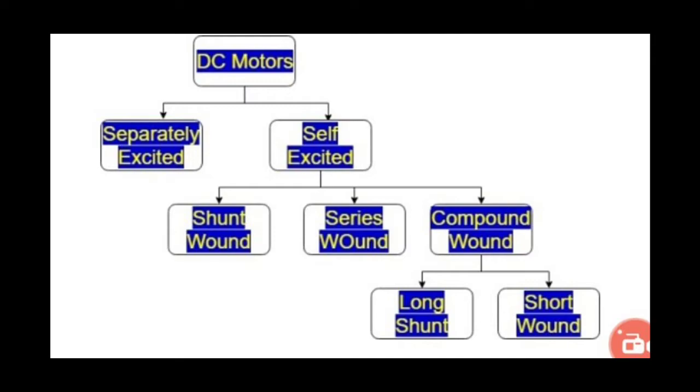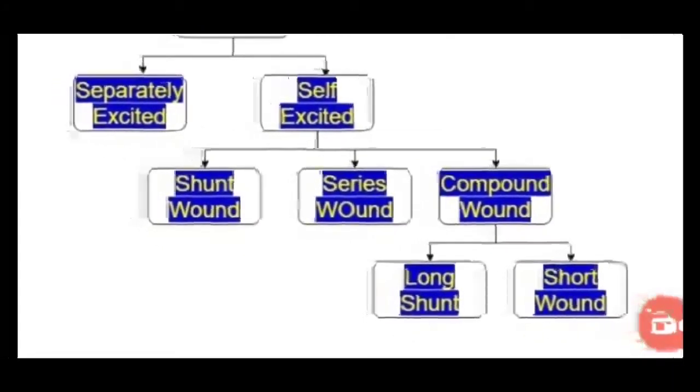Shunt wound machine means the field winding is connected in parallel to the armature winding, then it is called a shunt field winding. Series wound machine means the field winding is connected in series to the armature winding. Compound wound machine means the field winding is connected both in series and in parallel to the armature winding.